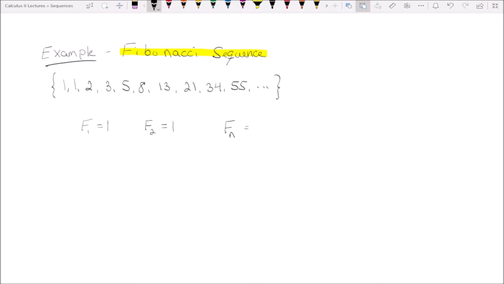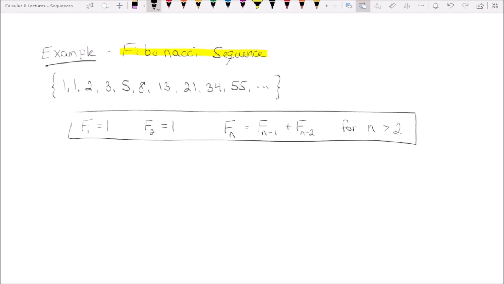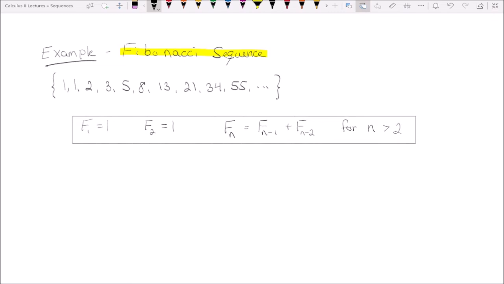It's just the sum of the previous two terms. All right, obviously for n greater than or equal to 2. So this is the recursive definition for the Fibonacci sequence.